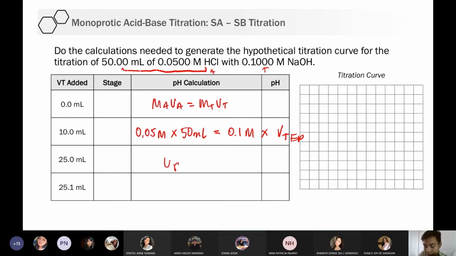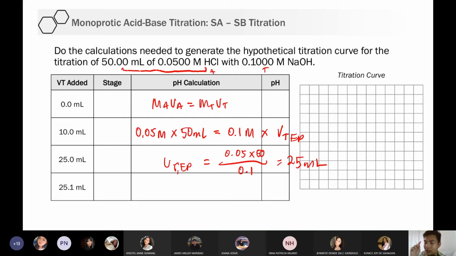So doing algebra, the volume of titrants at equivalence point is calculated as 0.05 times 50 divided by 0.1. Okay. So calculate natin yan. 0.05 times 50 divided by 0.1. So that's equal to 25 ml.